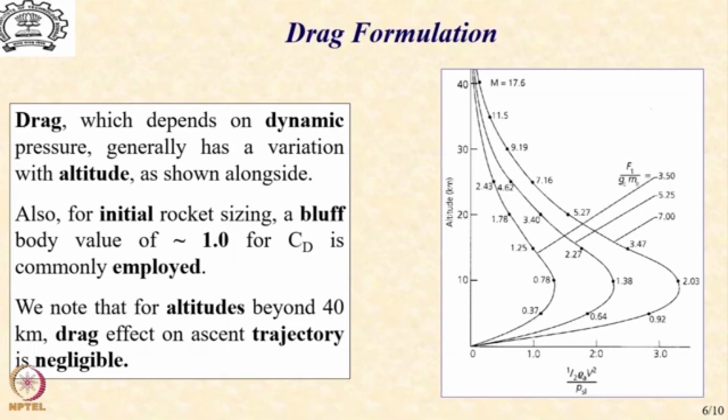And that is why you would realize that in the ascent mission segment that we had seen in one of the earlier lectures, the atmospheric flight was treated between 0 to 50 km altitude, beyond which we were assuming that the motion is in vacuum.